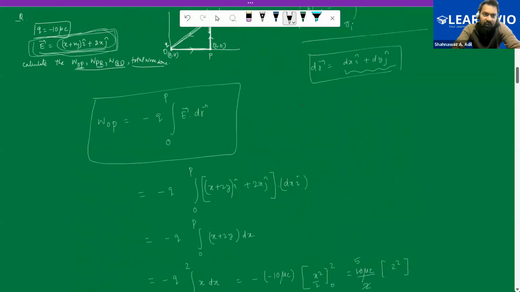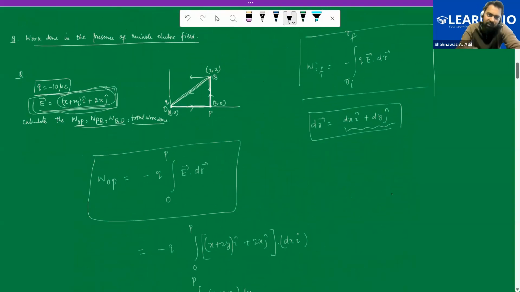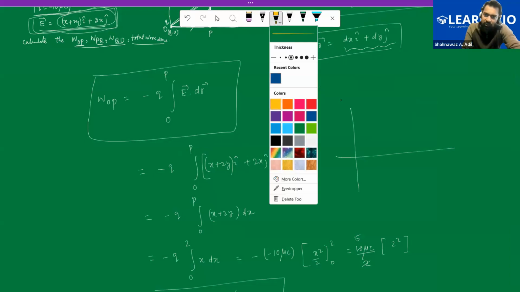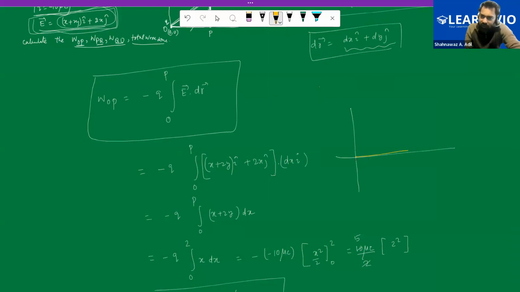Now we have this difficult one, right? In this case, we are going from here to here. This is O and P, right? 0, comma 0, to 2, comma 0.